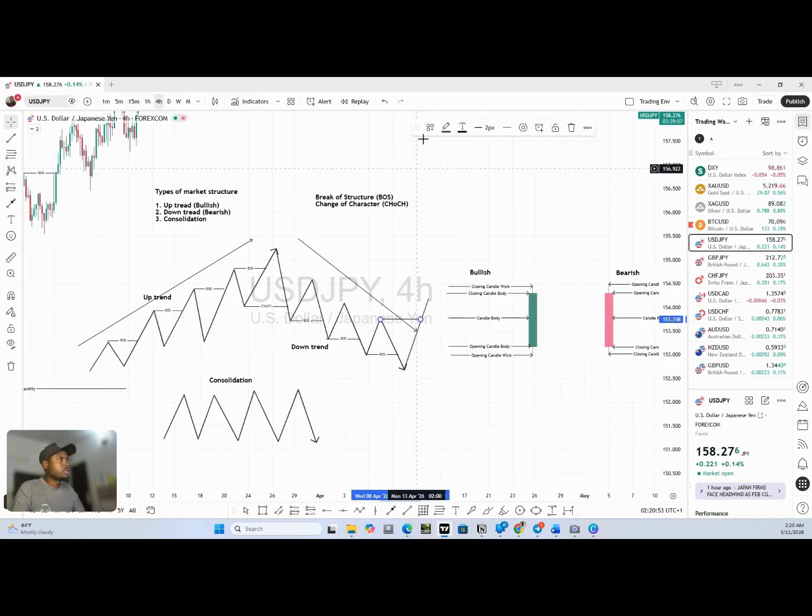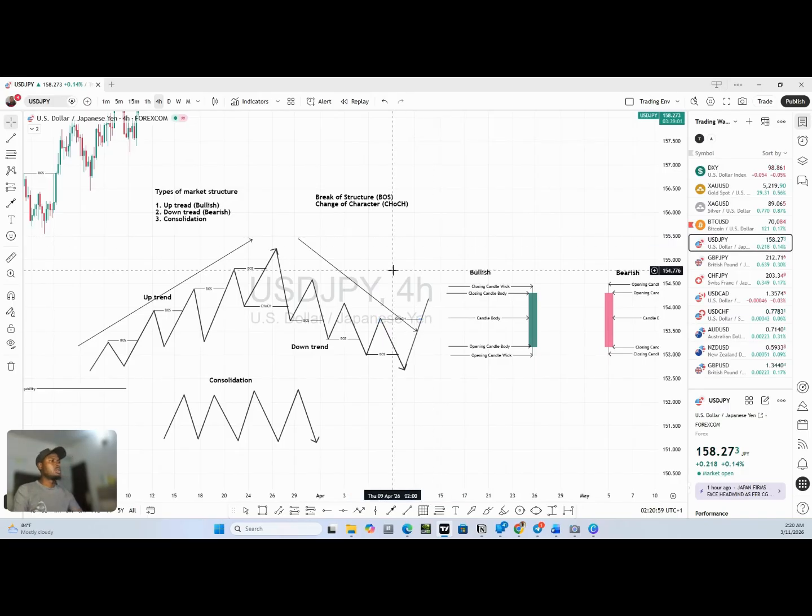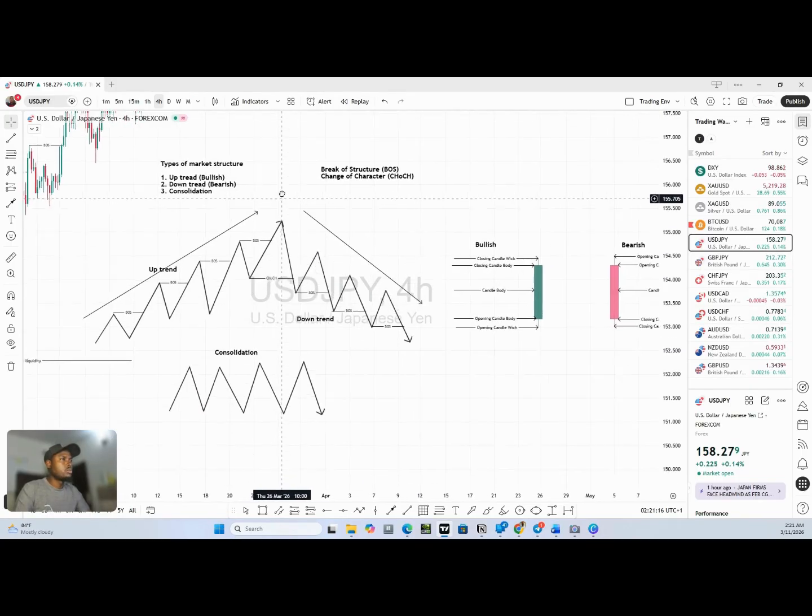So these are the two types of market structure that we have, uptrend and downtrend.